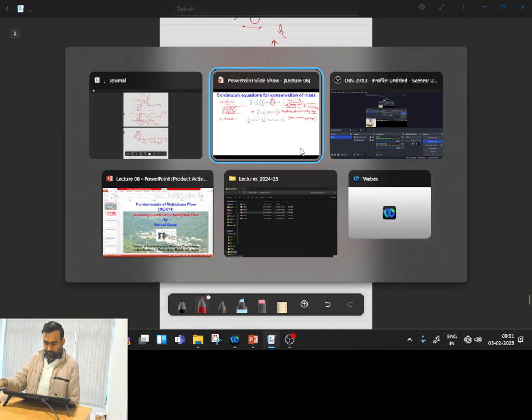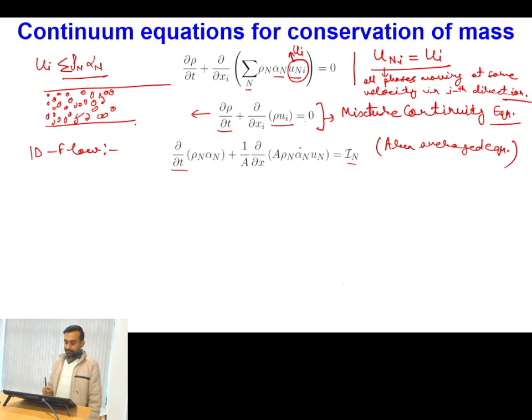Okay. Now you see, whenever we are discussing the area averaged quantities, the first term over here, what does it represent? It represents the changes in mass only within the control volume. Okay. So here involvement of area is not taking place.